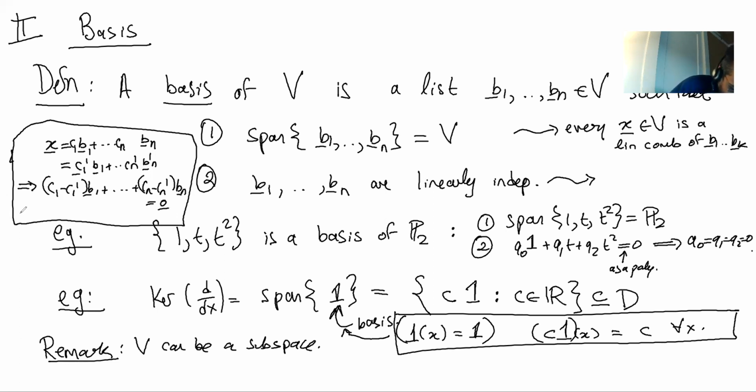But now, because it's linearly independent, that implies C1 equals C1 prime, etc., up to Cn equals Cn prime. Rearranging is a very powerful thing. So this argument then implies that actually every x in V is a unique linear combination.